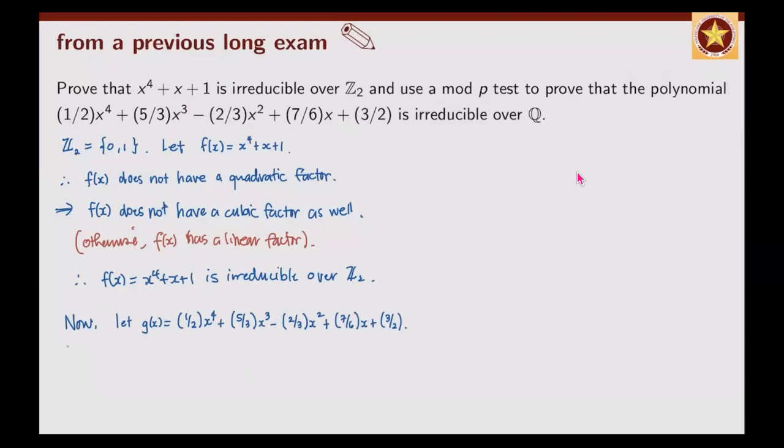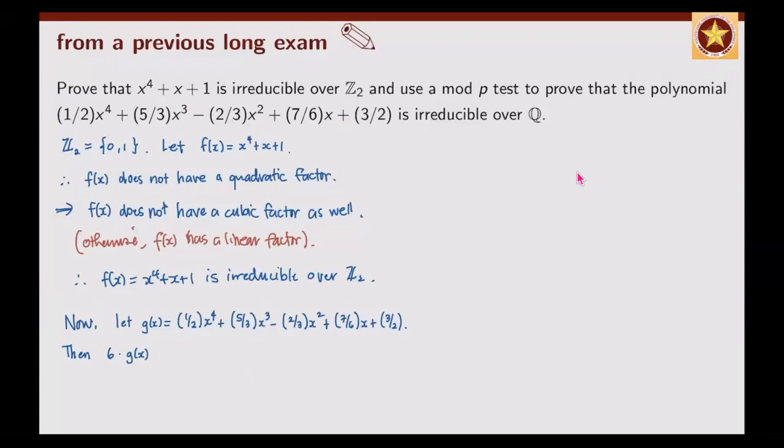Then as you can see, if I multiply by 6, why did I think of multiplying by 6? Because that is the LCD of the denominators.